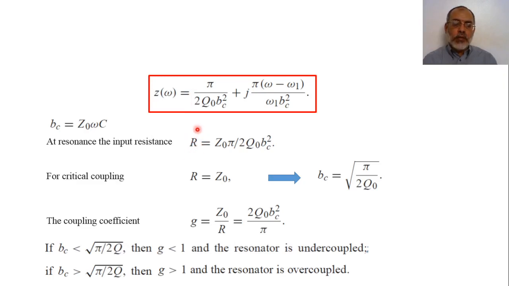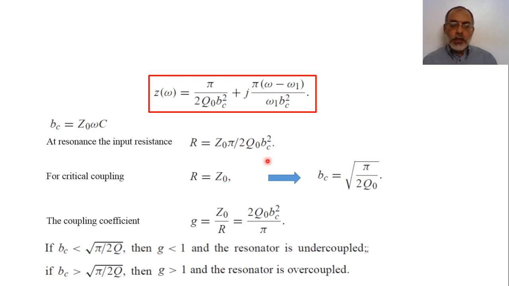So the value of R is Z0 multiplied by pi over 2Q naught BC squared. For critical coupling, the input resistance should equal the value of the characteristic impedance of the feeding transmission line. So for critical coupling, R should equal Z0.